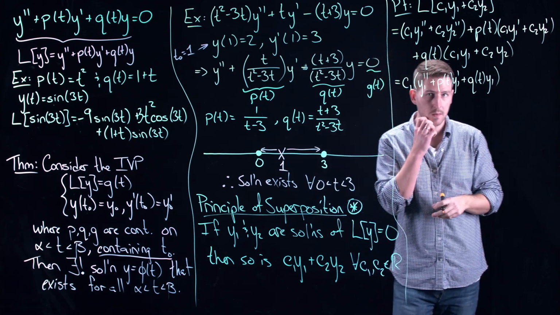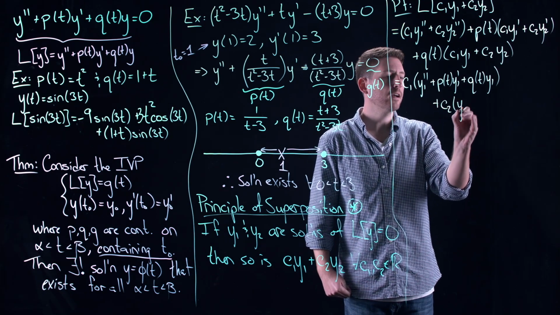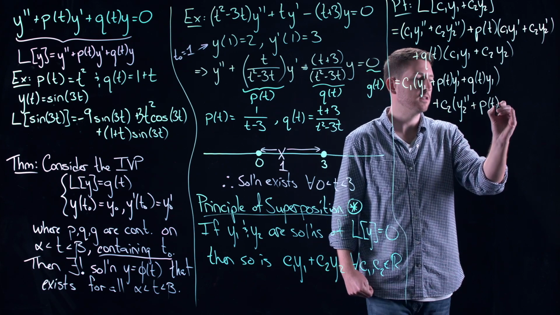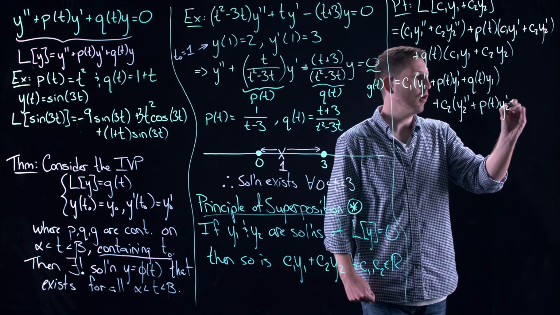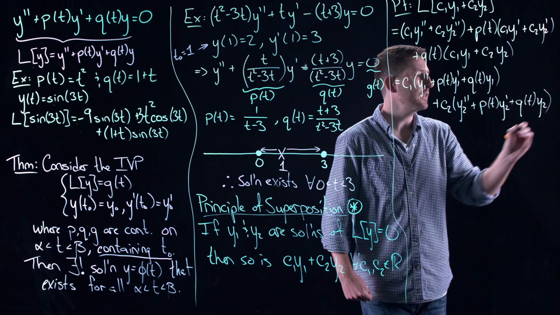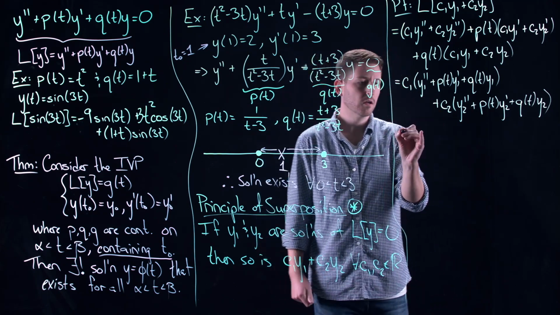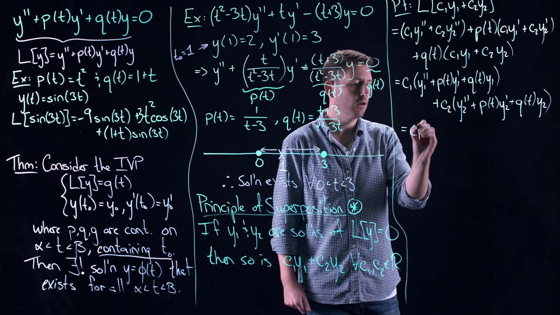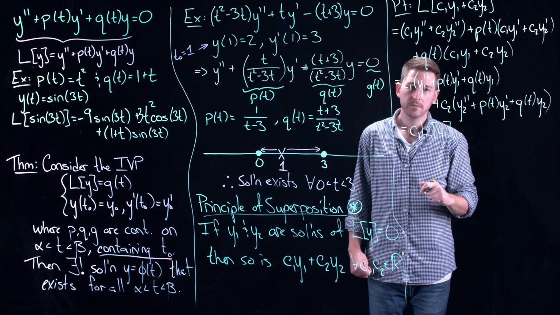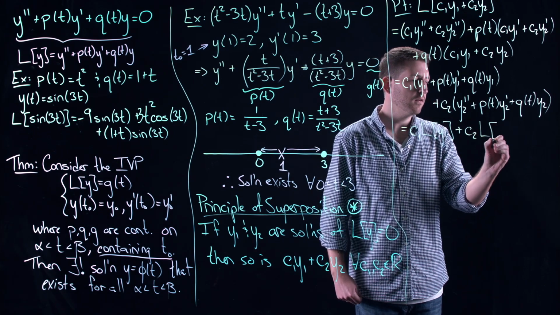Similarly, I get basically exactly the same thing from collecting the C2 terms. And hopefully you can see what's happening, because look at what's inside of the brackets. This is now the differential equation evaluated at y1. Written mathematically, this is L of y1. And the next one is L of y2.